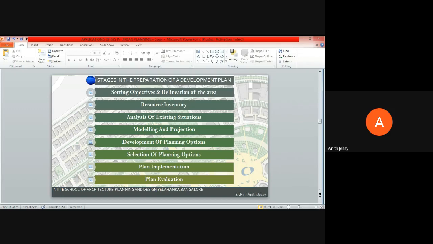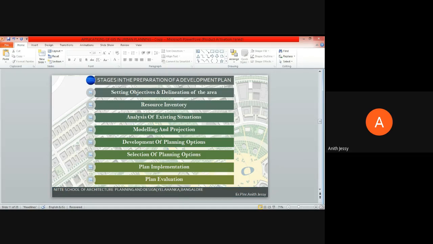In order to delineate an area, we have a study, and there you also have to see the GIS application and resource inventory, which I already told you about. It showcases the actual features of the earth's surface and shows an overview of the study area. Then we go ahead and analyze the existing situation.